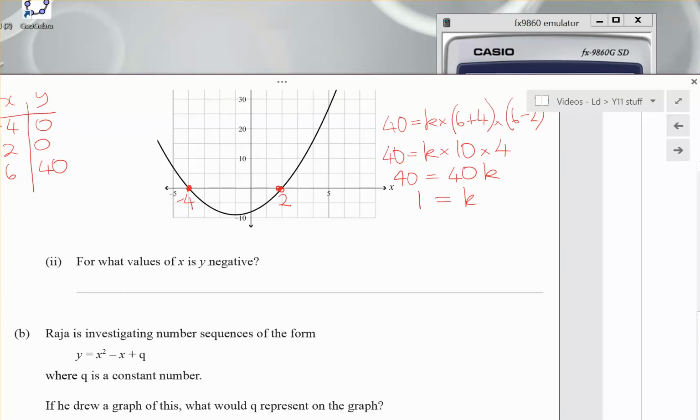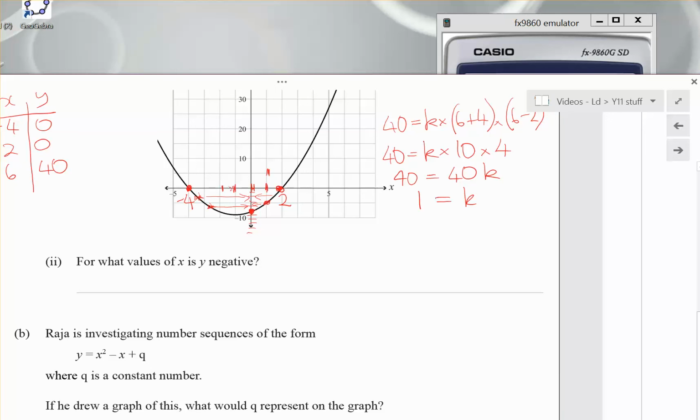For what values of x is y negative? So if you look at what y values these correspond to, all of these y values down here are negative below the axis. So for example, if x equaled 1 and I put it into the rule, I would get this value. If x equaled 0 and I put it into the formula we've just found, I'd get that value, which is negative.